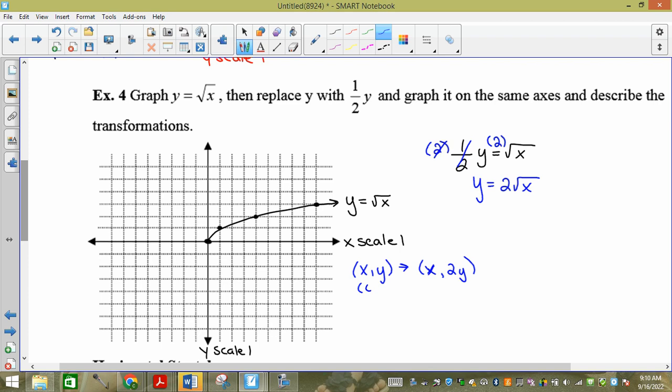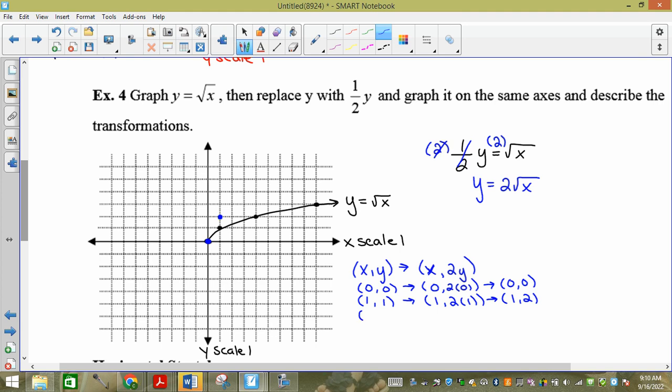So my 0, 0 is going to become 0, comma 2 times 0, which is just 0, 0. And then I have 1, 1. It's going to become 1 and 2 times 1, which is just 1 and 2.